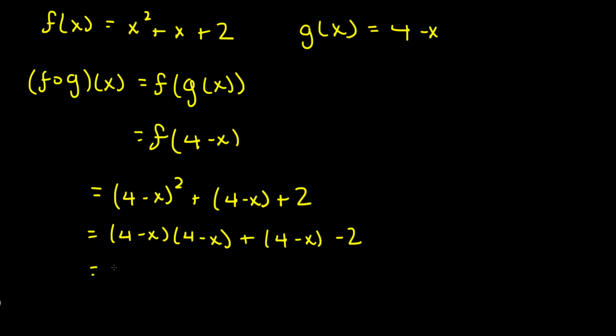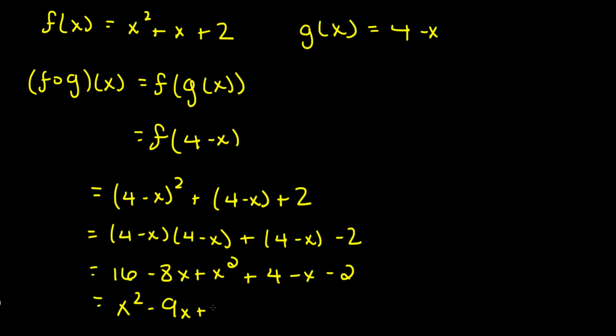All right, so here we have 16 minus 8x plus x squared plus 4 minus x plus 2. Combining like terms and putting this into standard form all at once, we get x squared minus 9x plus 22.